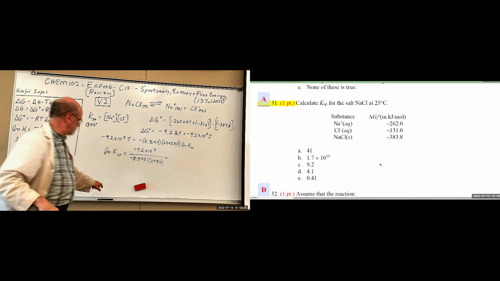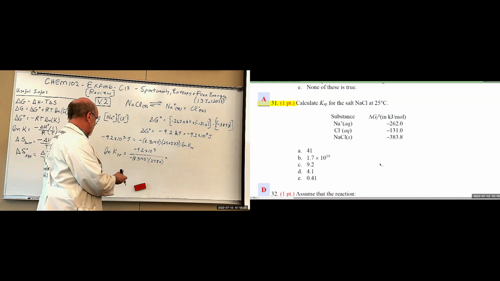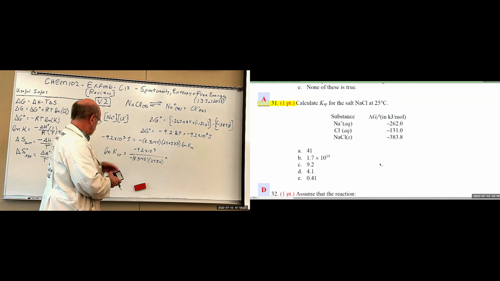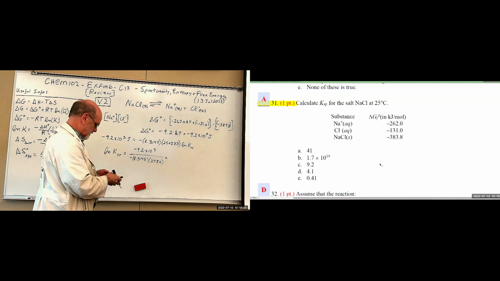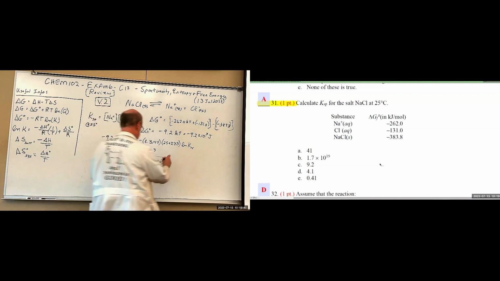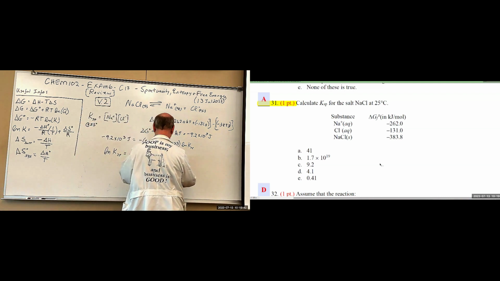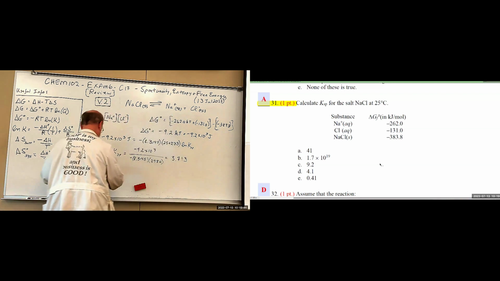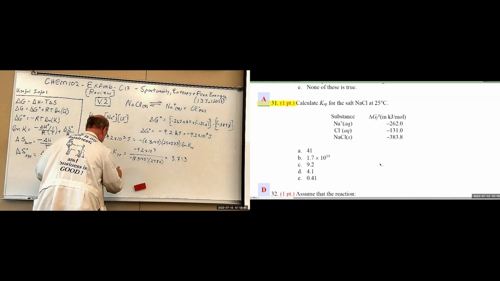So there's the value of log K. This is a minus, that's a minus, so our answer is going to be positive. 9.2 times 10 to the third, 8.3145 divided and 298 divided. So this is 3.713.